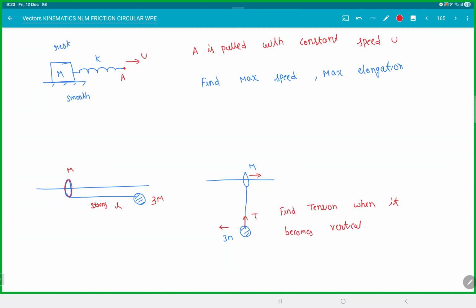That is the right answer. Get the maximum speed. That would be a good one. Again, if I don't tell you anything, it is in the ground frame.